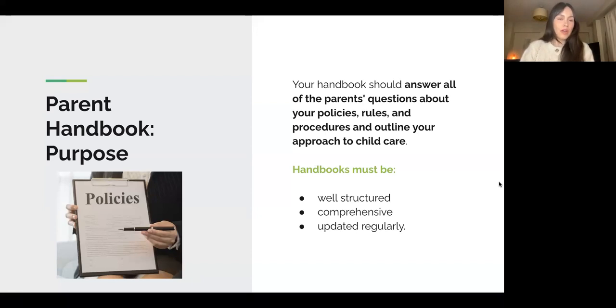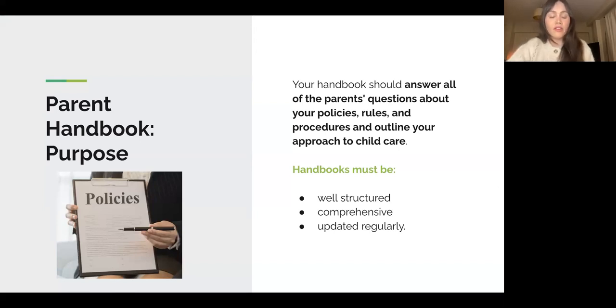So just to get started, a parent handbook has a purpose. It should really answer all the parents' questions about your policies, rules, procedures, and outline your approach to childcare. Handbooks must be well-structured, comprehensive, and updated regularly.